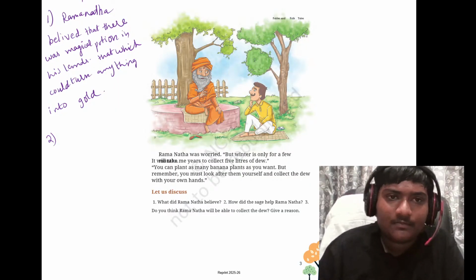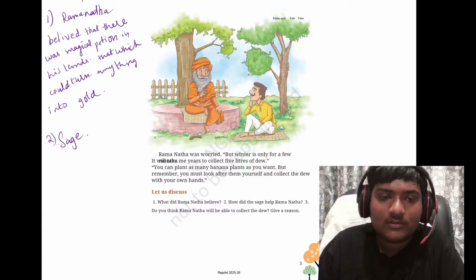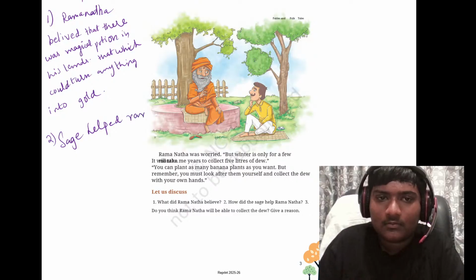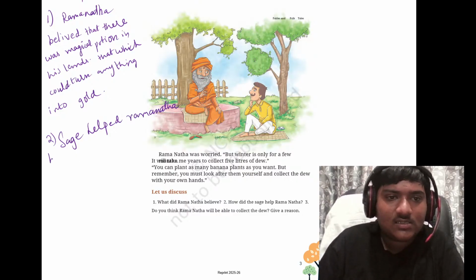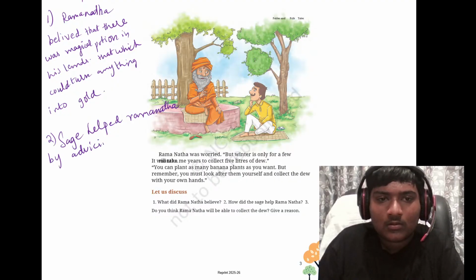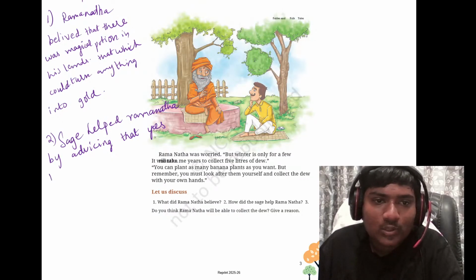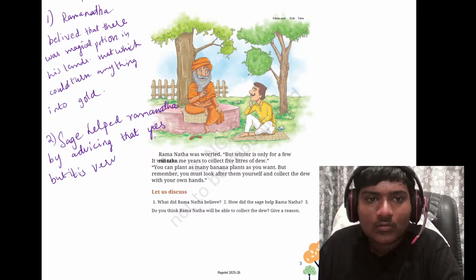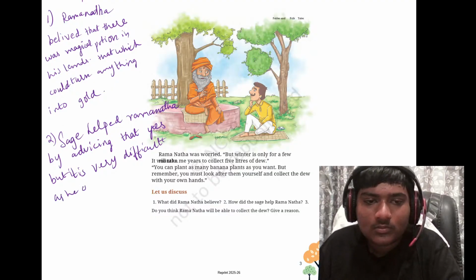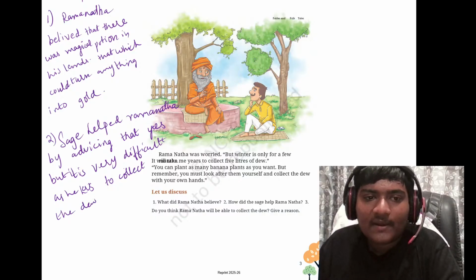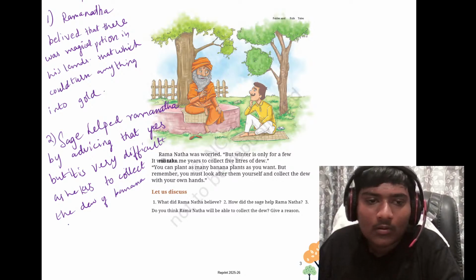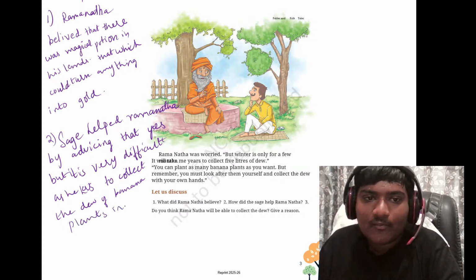The sage helped Ramanatha by advising that, yes, it is very difficult, as he has to collect the dew of banana plants in a bottle of 5 liters.